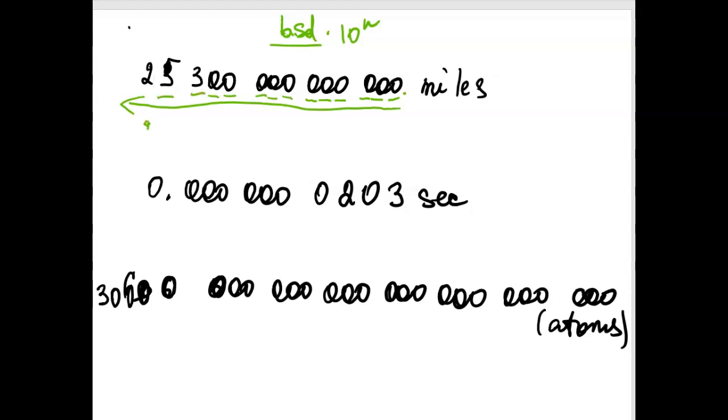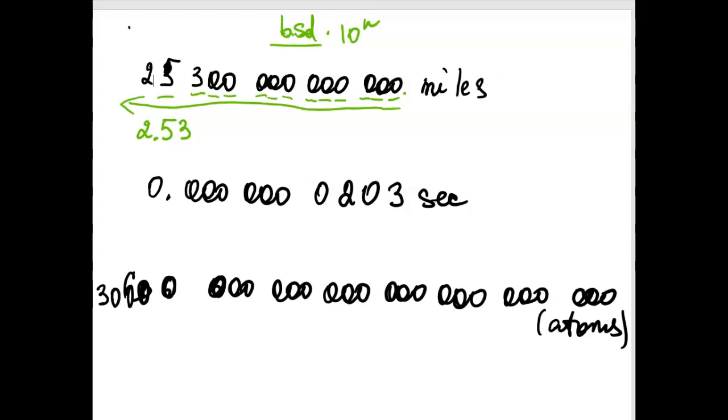And here will be my new decimal point. Should I write all these zeros? No, I do not. I get rid of all these zeros.